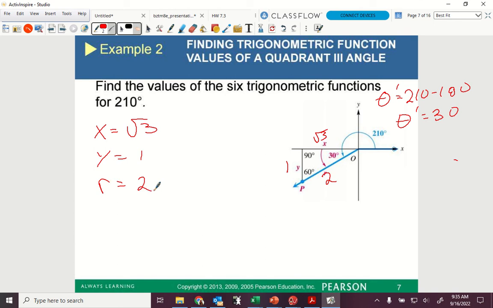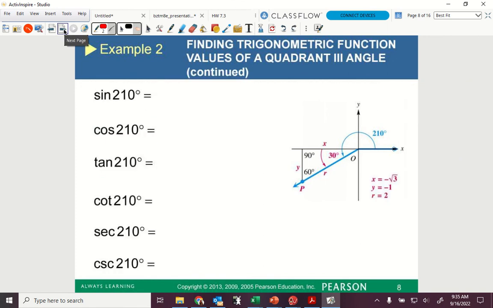So now we have to do the 6 trigonometric functions. Sine is y over r. I keep going over these over and over and over: x, y, and r. You've got to memorize these.